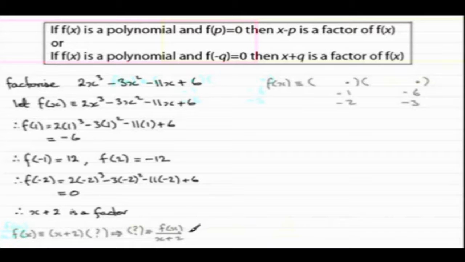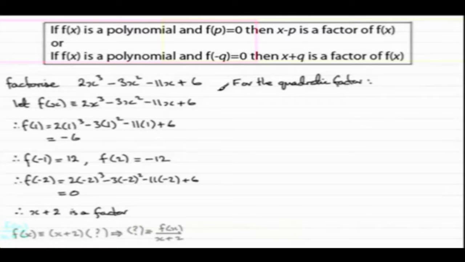Okay, what we'll do is algebraic long division to get that quadratic factor. For the quadratic factor, I would always suggest that we write that in. It just gives the reader some idea what we're doing, hopefully anyway. So for the quadratic factor, let's put a line down there, section it off.